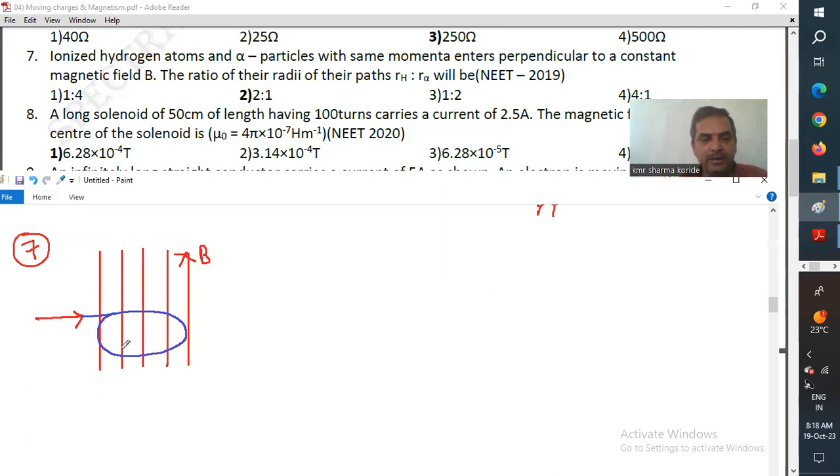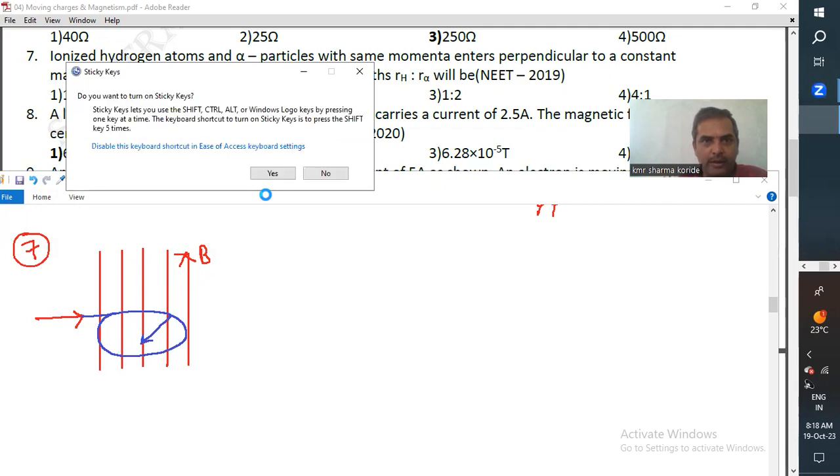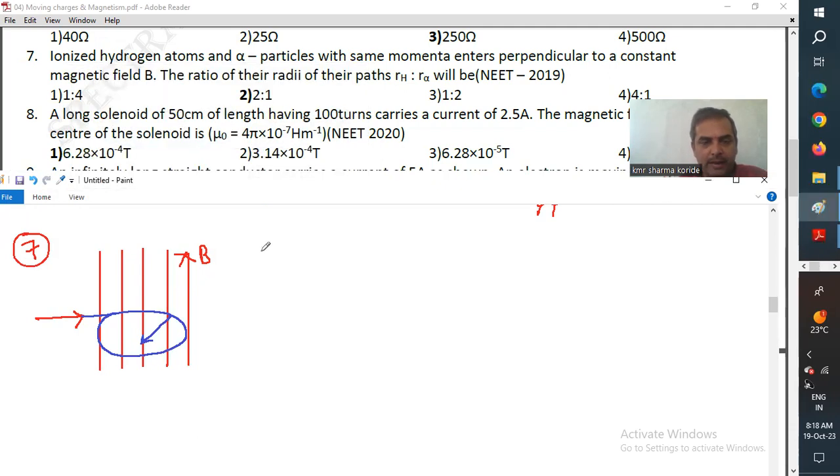Just imagine that this circular path is parallel to the plane of the ground. There is a magnetic force acting towards the center of the circle, and this magnetic force plays the role of centripetal force.